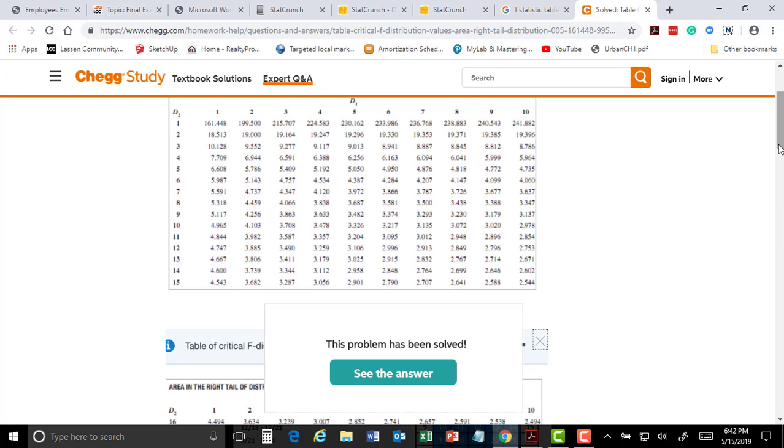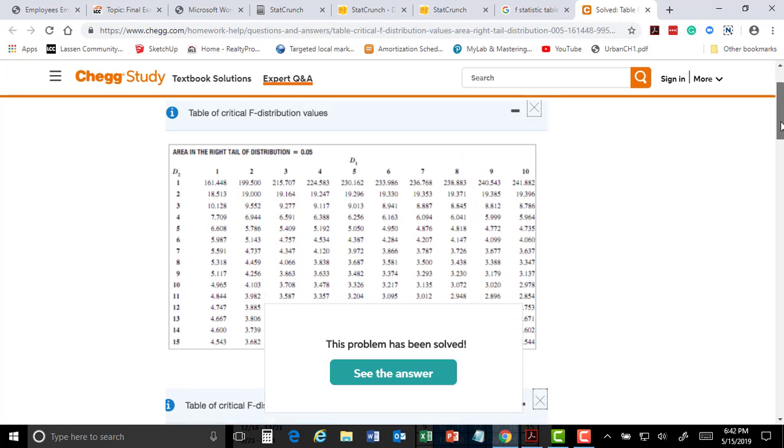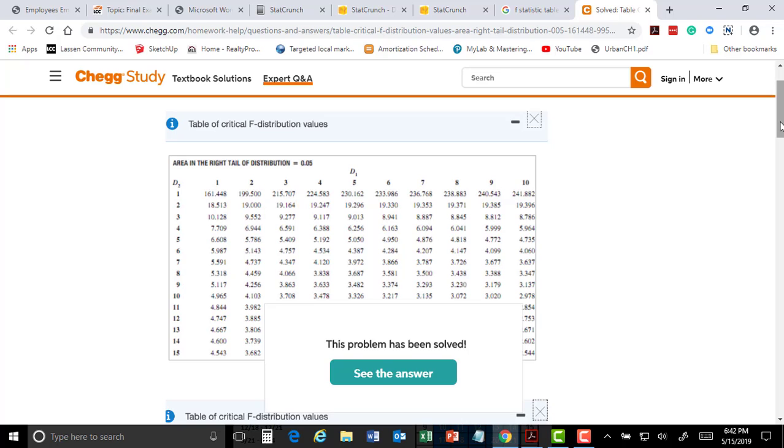It's number 14, okay? It says find the critical values. So we're going to put alpha in there. Now notice on these tables, right here, on the very top left-hand corner, that's how much area is in the tail.